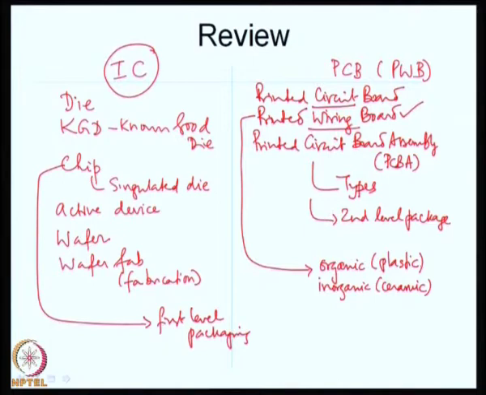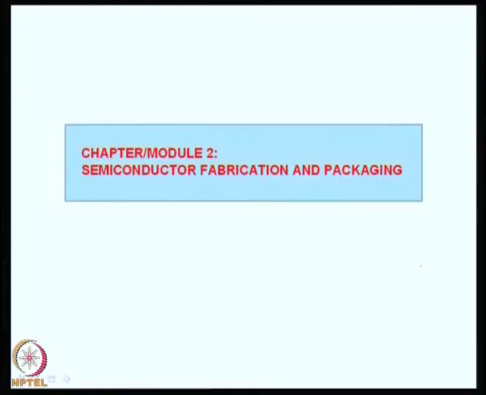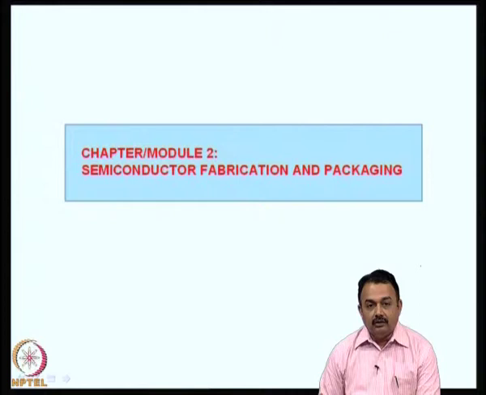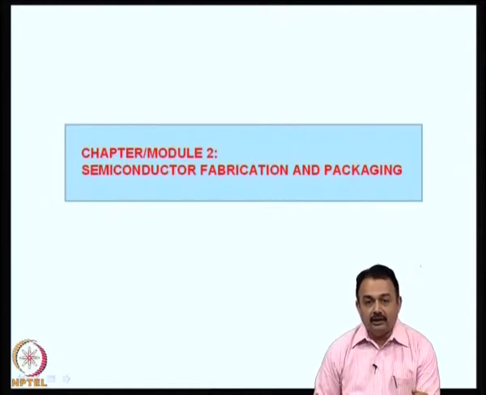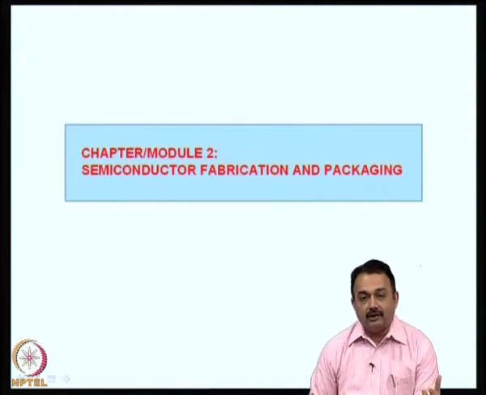So, this is the kind of first level information I wanted to give you today before we move on to the second chapter. Now, the second chapter is titled Semiconductor Fabrication and Packaging. So, what we are now going to do is, although this is not part of the packaging, that is the fabrication of the semiconductor or the die, but still it becomes incomplete if we go to first level packaging directly.